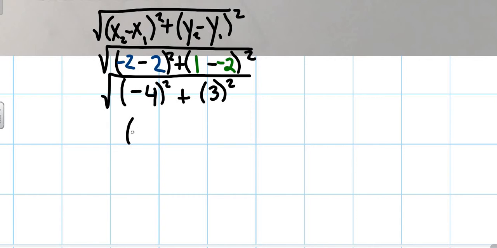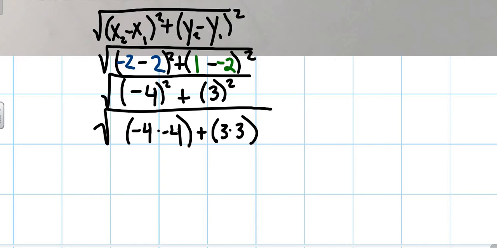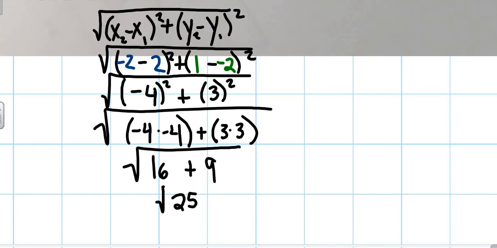This is -4 times -4 plus 3 times 3. That's what square means. -4 times -4, that's 16 plus 9, 25, and the answer is 5.